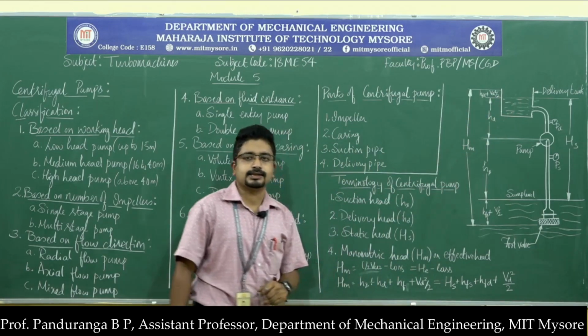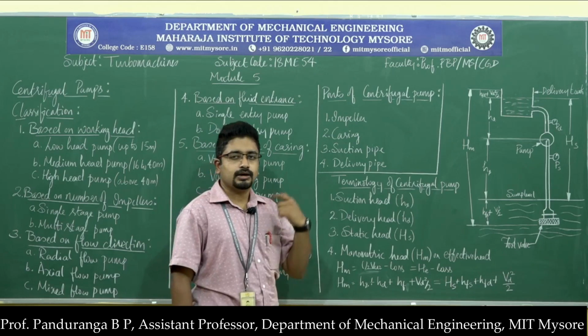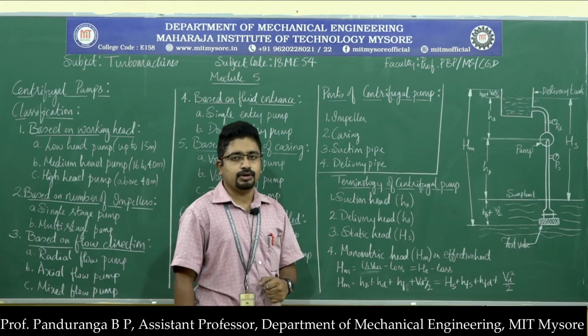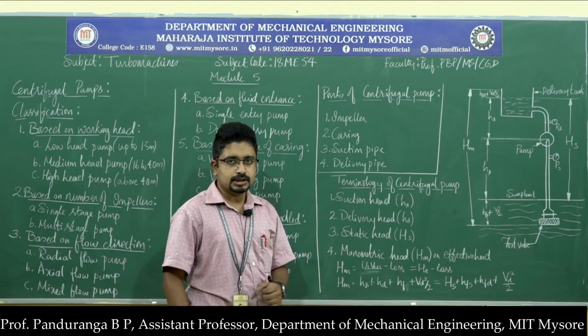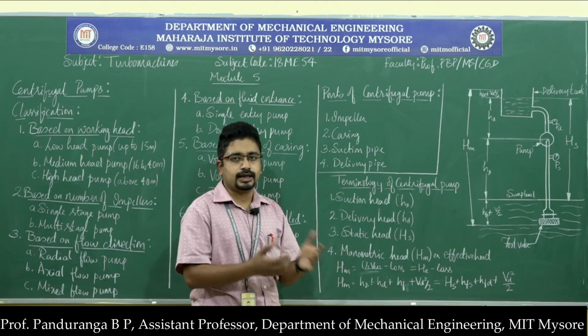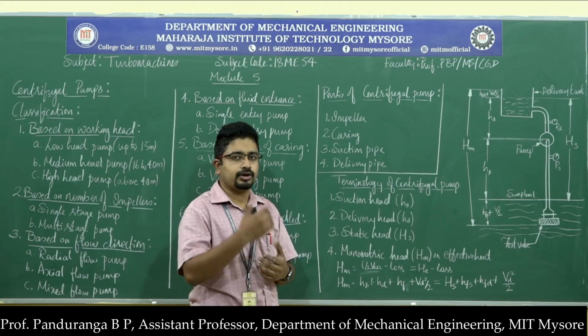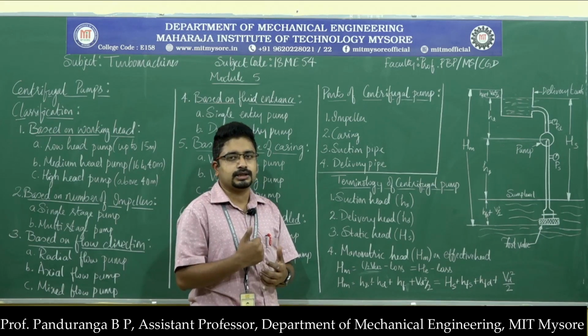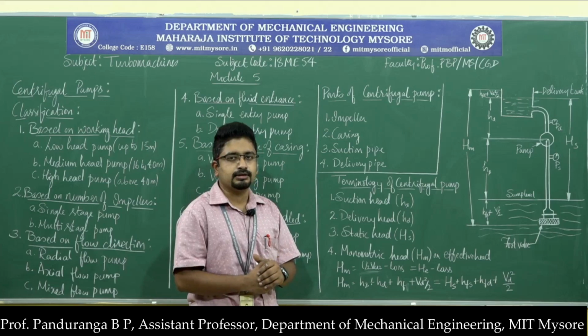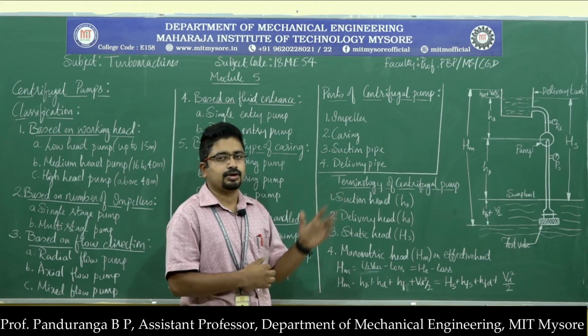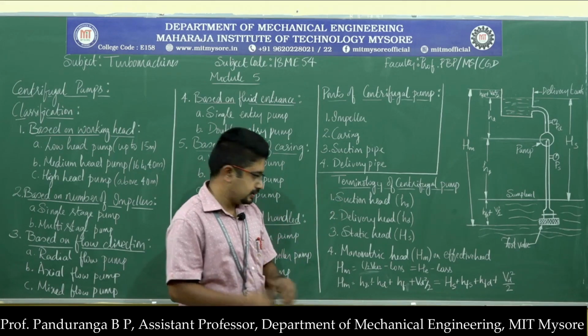Vd square by 2g is the loss which occurs because of the velocity at the delivery pipe. So that is the kinetic energy we are not utilizing. If you are able to bring the velocity in the delivery pipe to a very minimum value, then the exit losses will be very less.